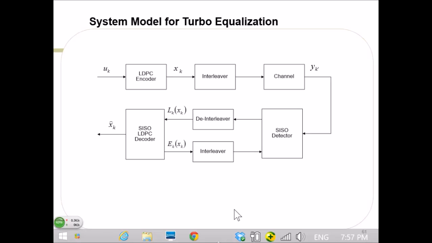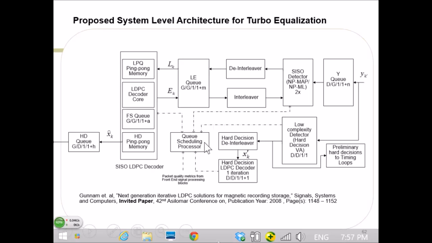Then in terms of the turbo equalization, this is for magnetic recording. You have a detector and interleaver, and now instead, you're putting queuing on the input, on the intermediate values, and the output. So what we are doing is deciding which packet has to be processed now. We are making a determination based on the packet quality metrics.